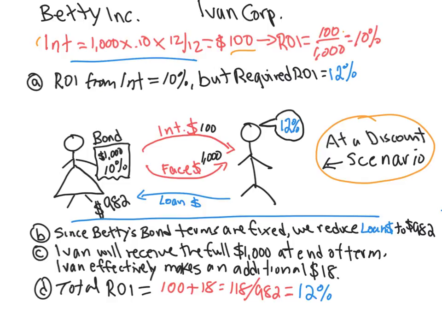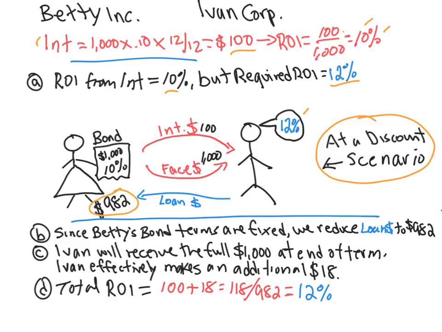That's only a portion of the return at this point, because 10% is obviously lower than the required 12%, which Ivan wants and needs based on the market rate. Now we know that the bonds offer 10% through the payments, so to make up for that differential between the contract rate and the market rate that he wants, we need to make an adjustment to the price. So the proceeds are reduced to $982.